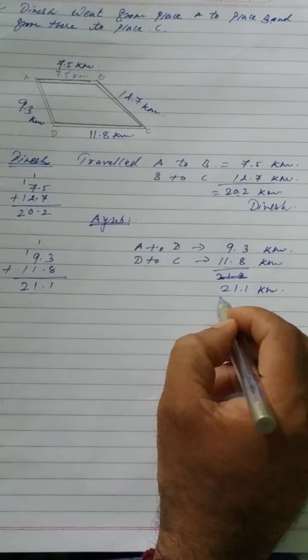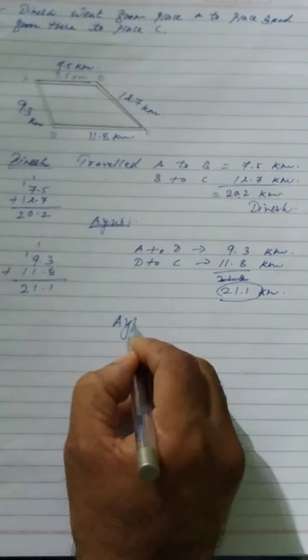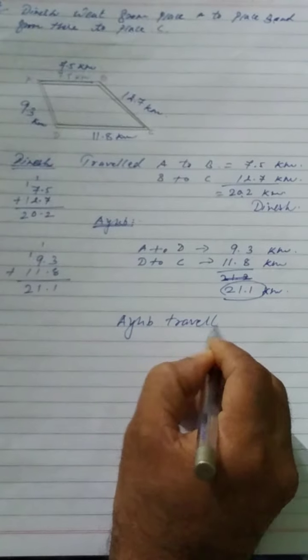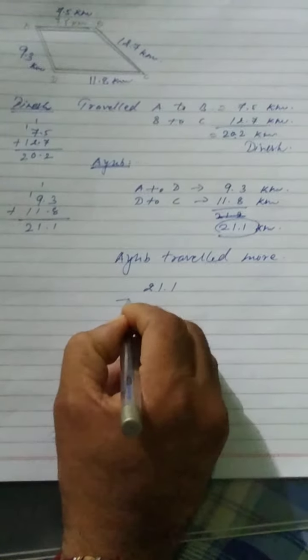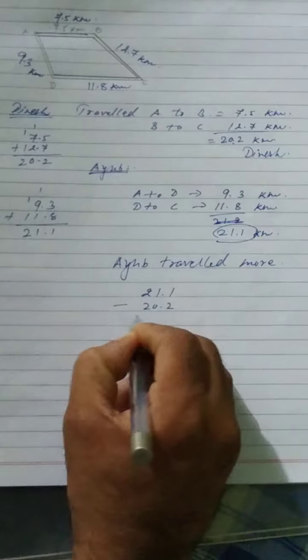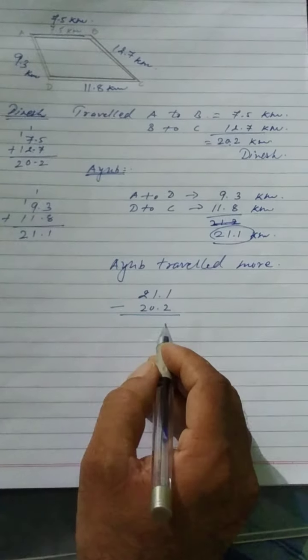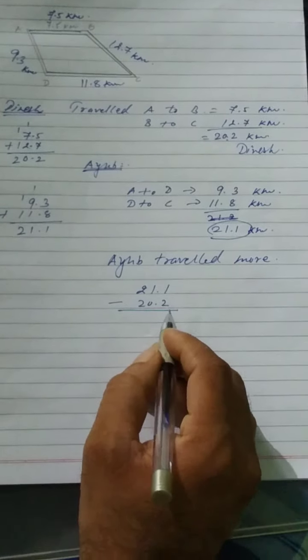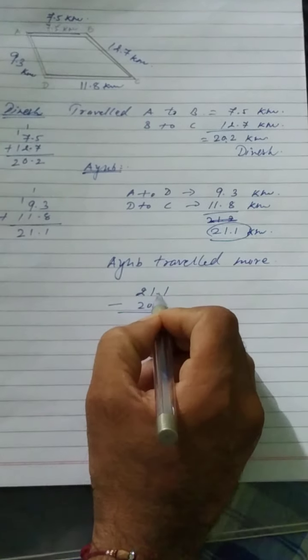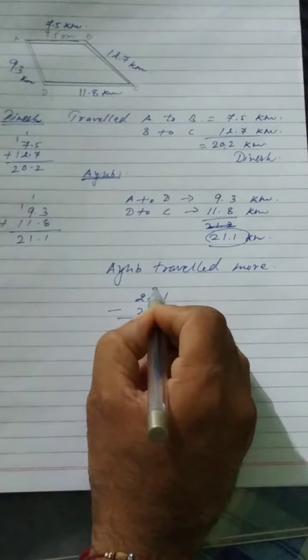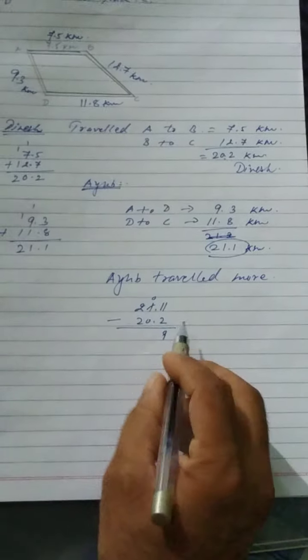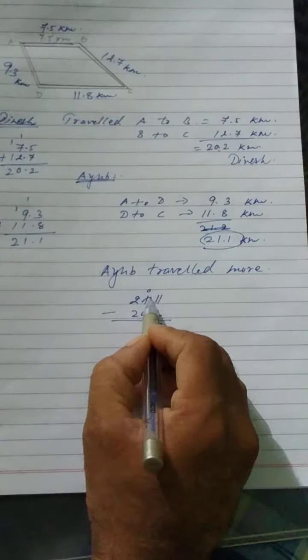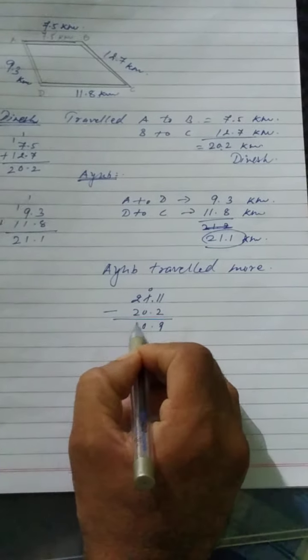Now let's see what is asked: who traveled more and by how much. Ayub traveled more, right? And how much? So what to do? Subtraction. 21.1 minus 20.2. 1 minus 2 is not possible, so borrow. 11 minus 2 is 9. Then 0 minus 0 is 0. 2 minus 2 is 0.